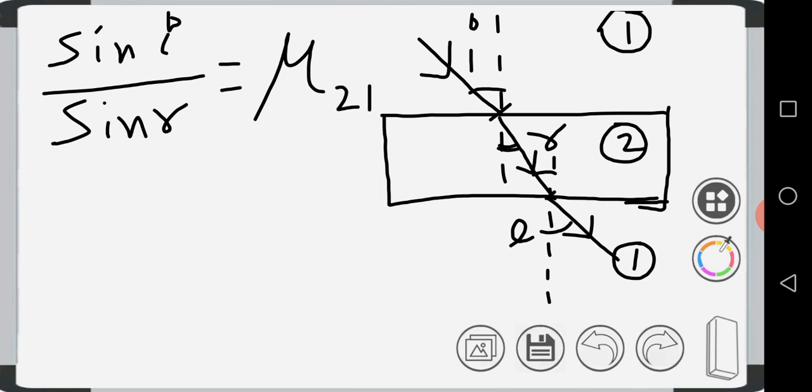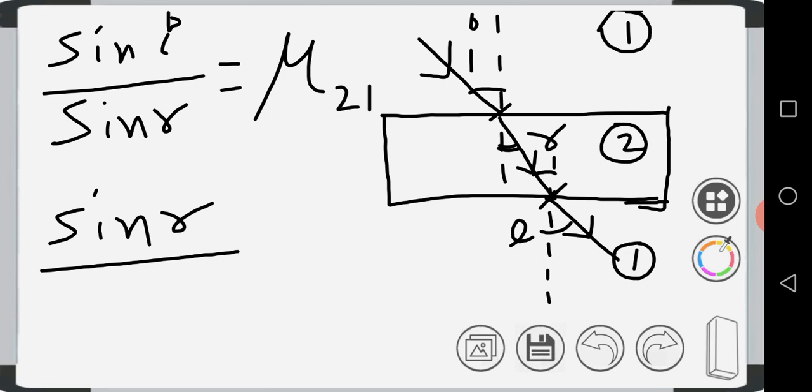This is the refractive index of medium 2 with respect to 1. Similarly, for the second refraction, what is the angle of incidence? It is R in this case, because for the second refraction this is the incident ray. So if we write Snell's law for the second case, this will be sine of R, because R itself is the angle of incidence.